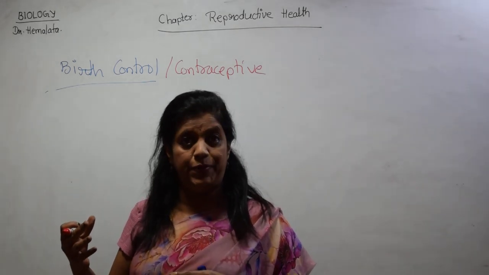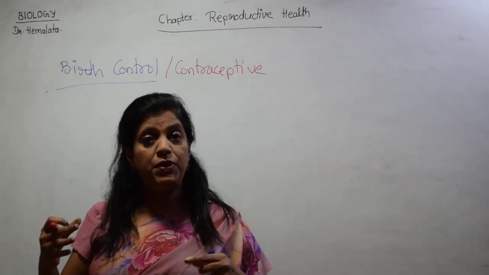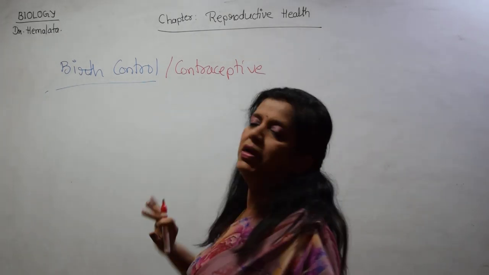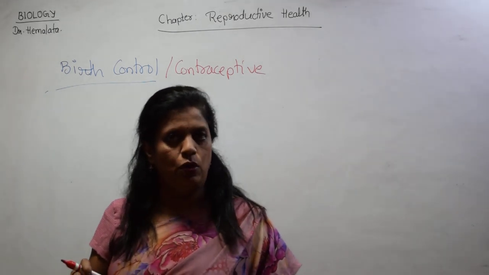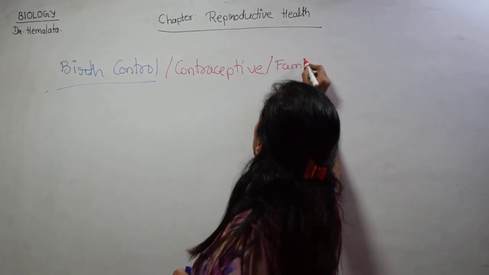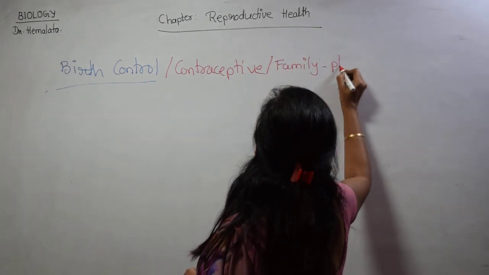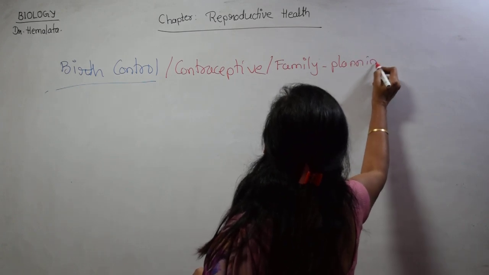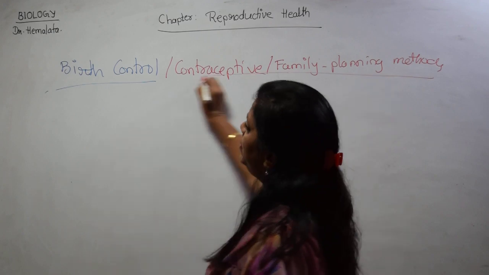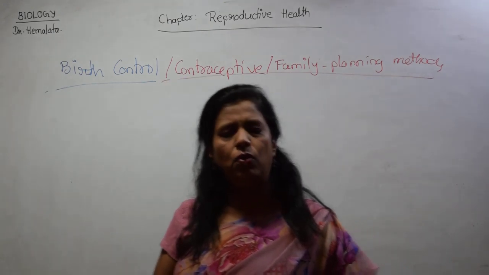That is called a contraceptive method. Contraception is avoiding pregnancy. So birth control methods are also called contraceptive methods, or we call them family planning methods. Okay.